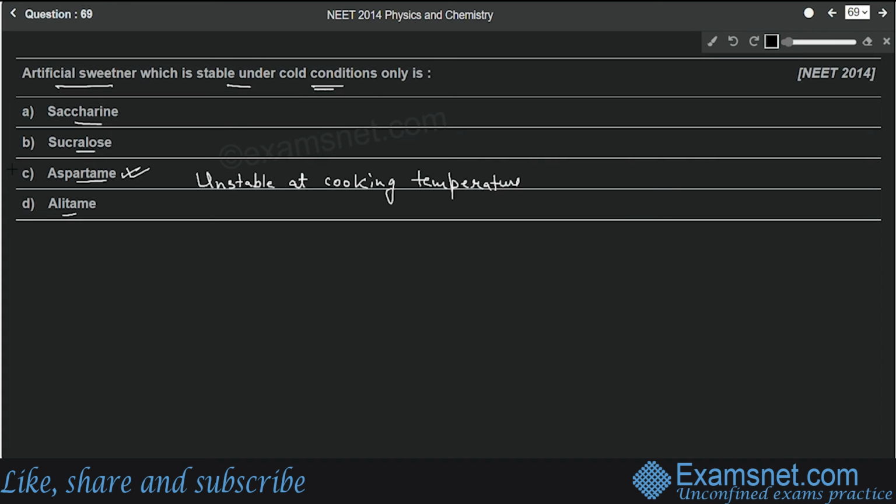This is the reason why it is used only in cold foods, for example, ice cream. Whereas all the other options, that means saccharine, sucralose and allicin, are stable to heat. So according to the question, the correct answer will be option C.